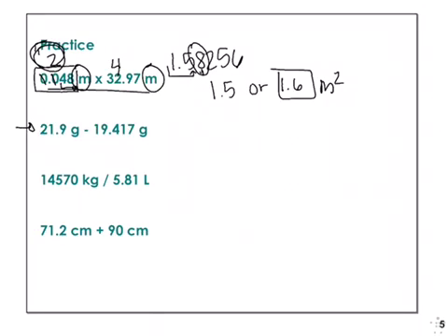Okay, so for the next example, it's a subtraction. So are we worried about sig figs or decimal places? Decimal places. So here we have 1 place after the decimal, and here we have 3. How many places after the decimal can our answer have?